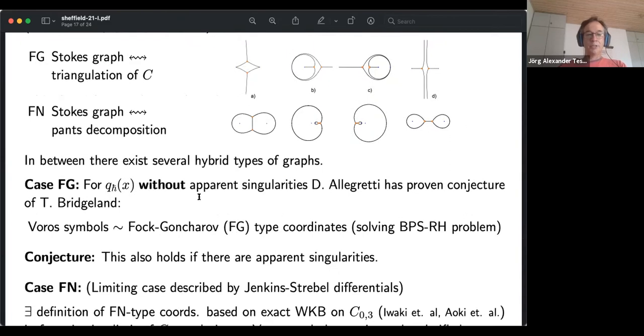Okay, so in the case where this has no apparent singularities, which for us, however, are important, as stressed, there are results conjectured by Tom Bridgeland and by now rigorously proven by Dylan Allegretti, that these Voros symbols can be identified with the Fock-Goncharov coordinates in such cases as discussed here.